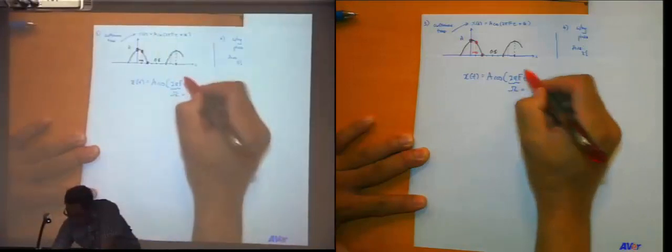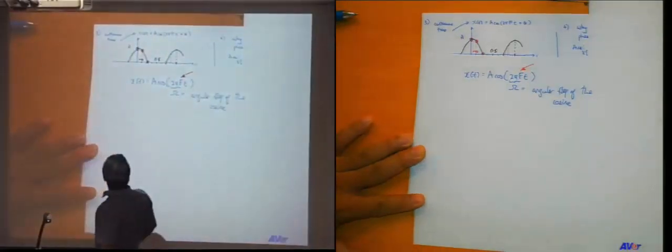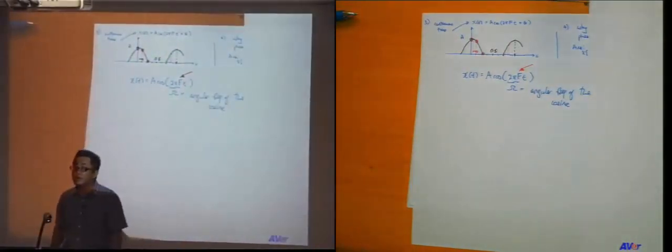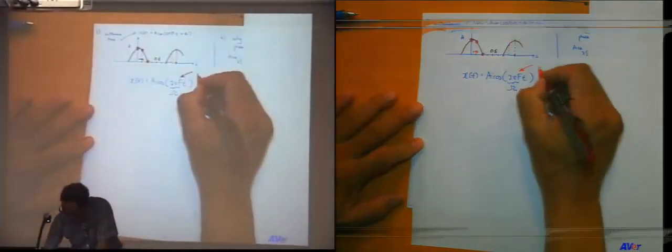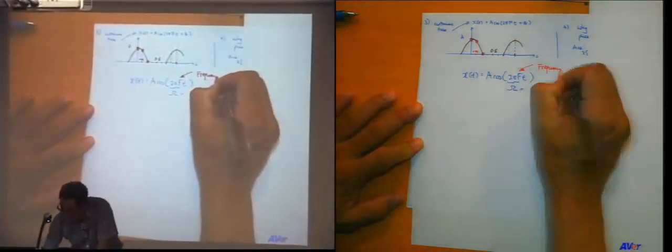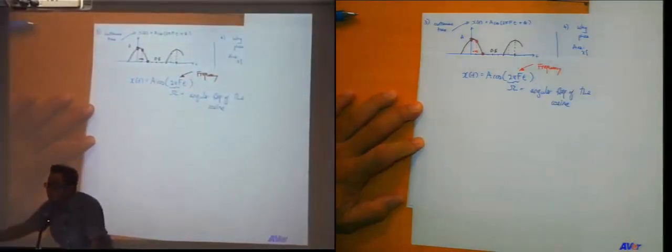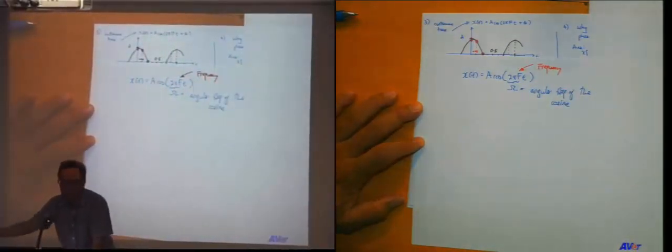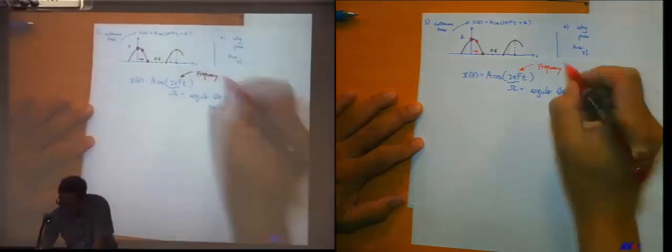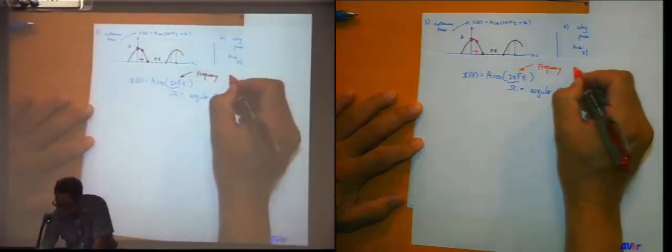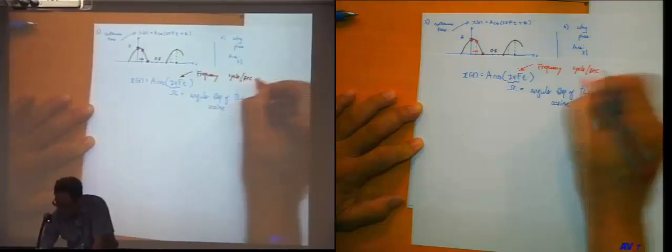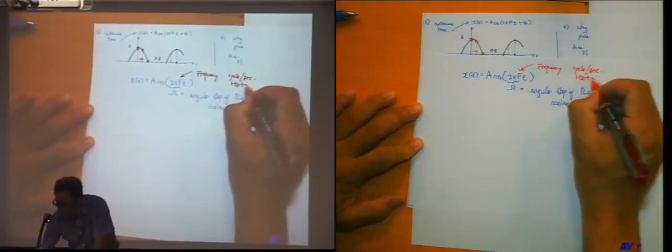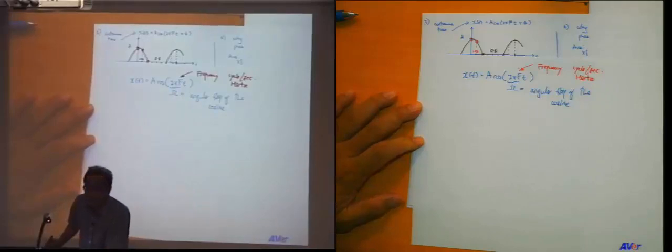What about the F? What is the F called? The frequency of the signal. We say like 1 Hertz, 2 Hertz, 5 Hertz means 5 cycles a second. Its frequency has the unit cycles per second, also called Hertz.